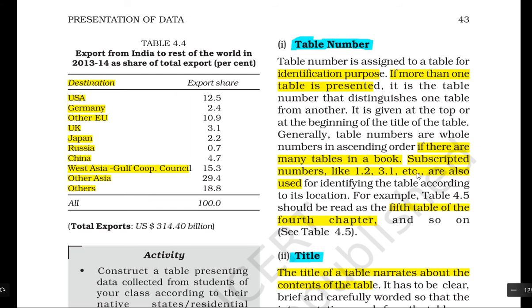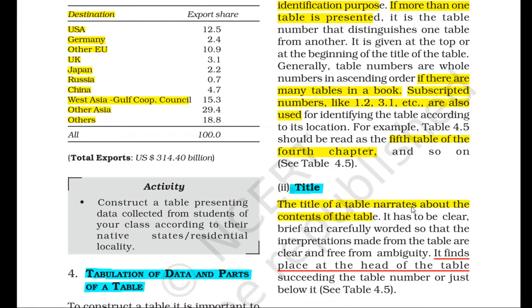For example, here it is written table 4.4. It means it is the fourth table of the fourth chapter. If it is table 4.5, it is the fourth chapter's fifth table. So it has hidden information about the reference.